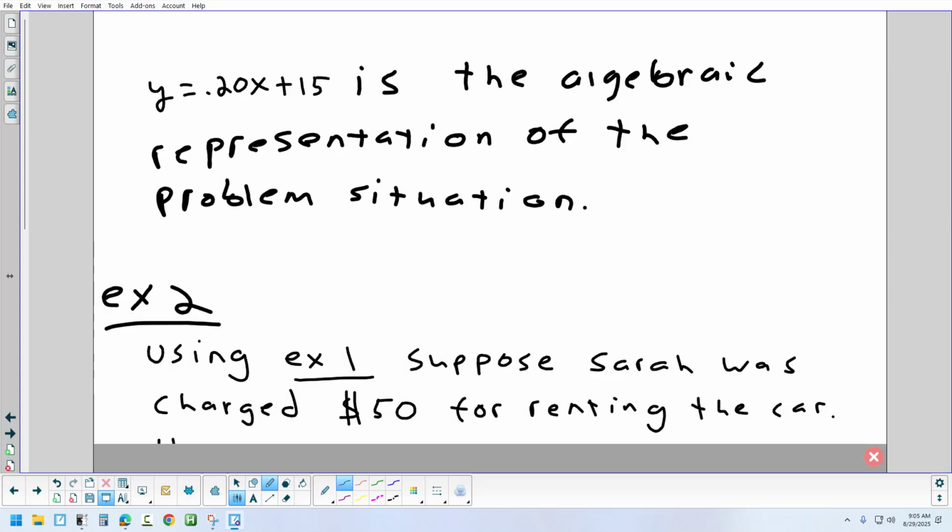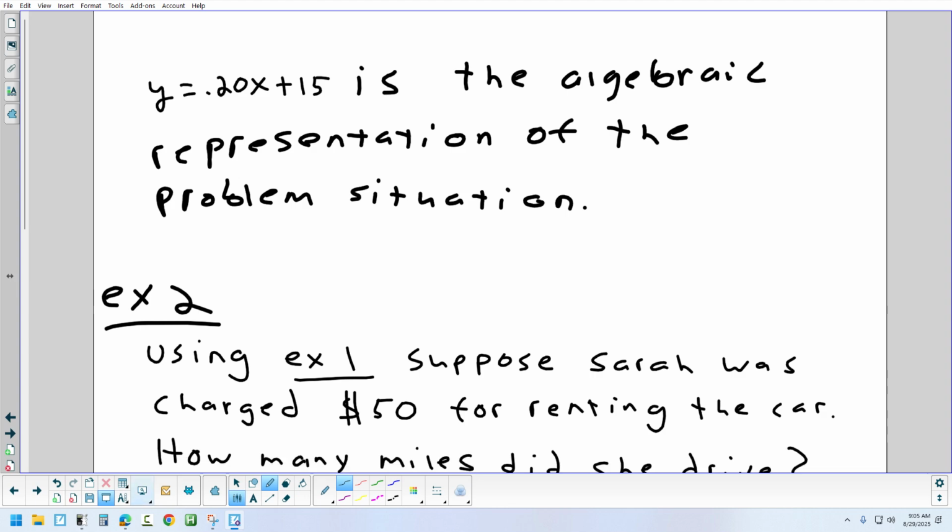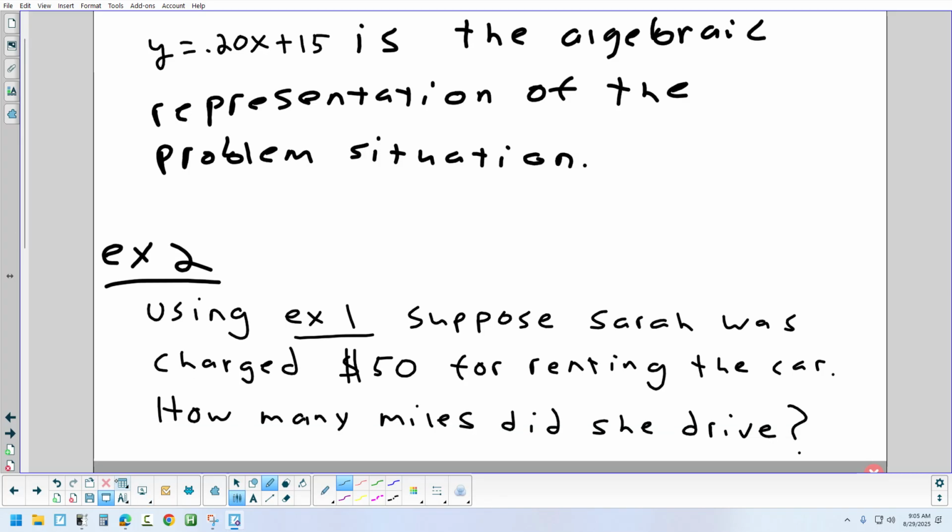So now, let's use that to figure out how many miles Sarah drove if she paid $50 for renting a car. Okay. What's different about the kind of question I'm asking here versus the two we just did?